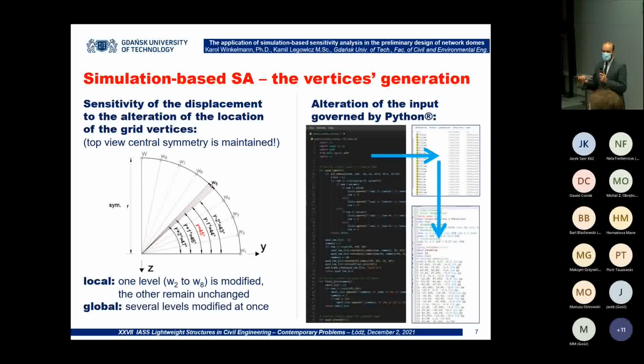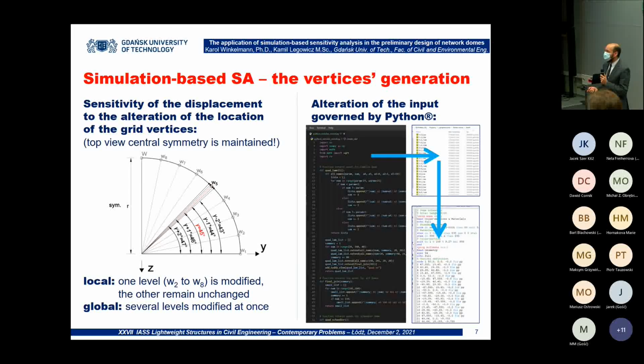That's how we change the position of not only one node, but of all nodes that lie in this plane, of course. So we elevate them or we make them lower, and we see if there's a favorable or unfavorable influence on the structural response in terms of displacements and stresses.